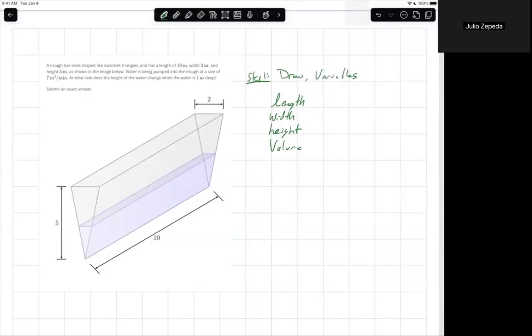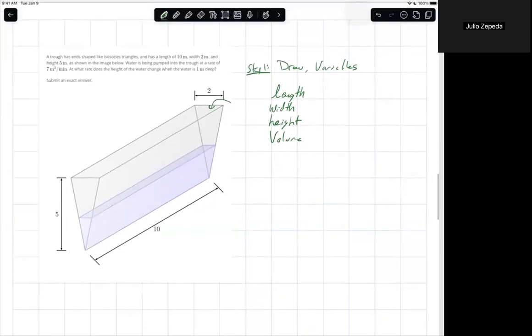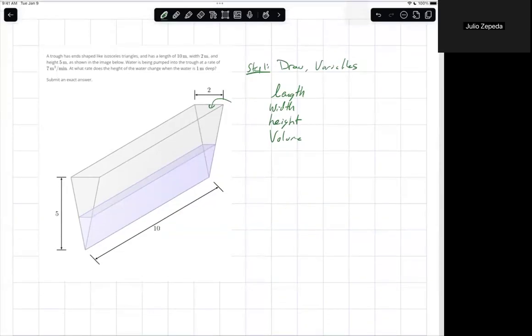If water is being pumped in, so we have water that's getting pumped into this trough, then the volume is a function of time. Now, the height of the water, I'm going to label it here on this picture. As the water increases, the height is going to increase as well.